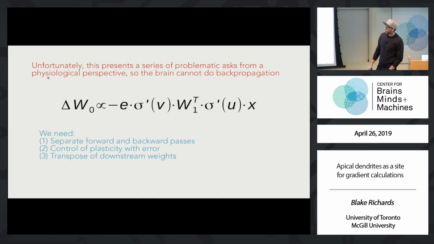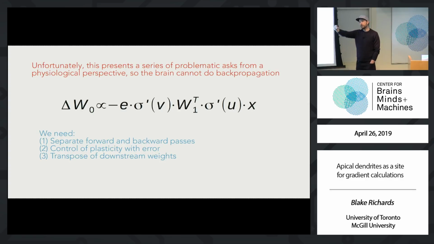Now, there are a few difficulties with this. From a physiological perspective, that is. There's nothing difficult about this from a computer science perspective. You can do this on a computer, no problem. We do it all the time. But from a physiology perspective, we have the following problems. The first is that we need separate forward and backward passes.